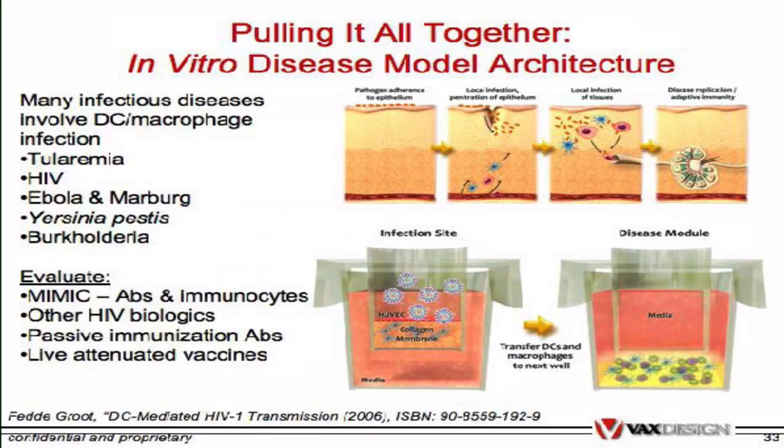So if we put it all together, everything that the MIMIC system is capable of doing, it basically is an in vitro disease model architecture that allows us to take a pathogen, an antigen, a vaccine, some foreign material, and challenge our system with that material.